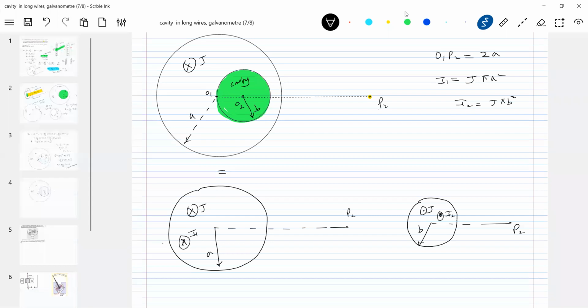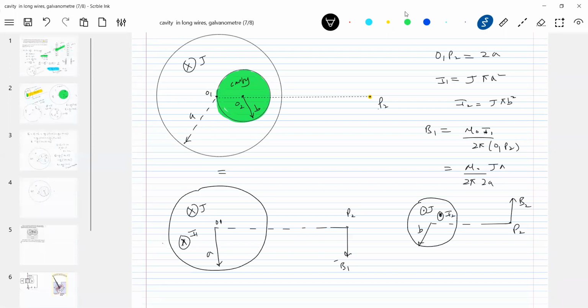Now, what is the magnetic field outside the long wire? What is the formula? B1 will be directed like this, and B2 should be directed in this direction. B1 is equal to mu naught I1 by 2 pi O1 P2, which is 2A.